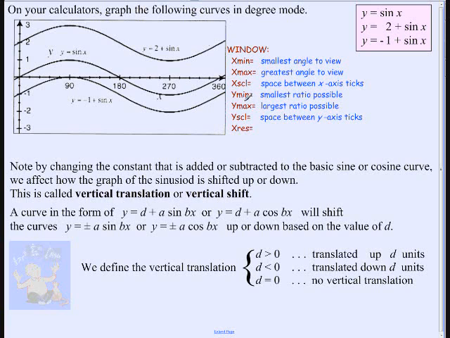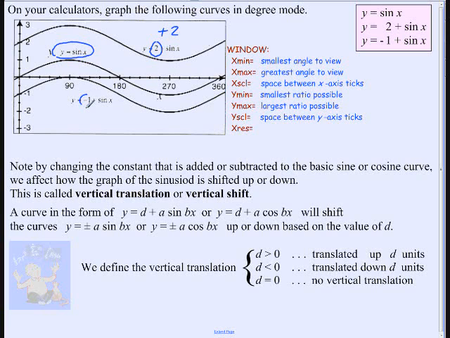Y min would be -3, Y max positive 3. Y scale looks like it's 0.5, and resolution will be 1. You have your parent right here. Then what's this one do? This one is adding 2, so it shifts it up 2.